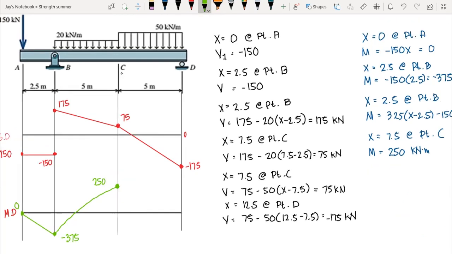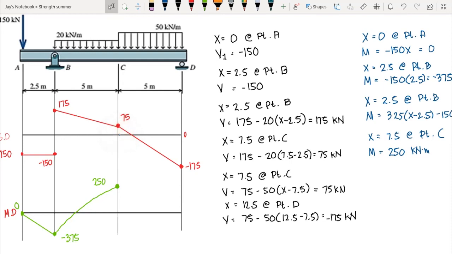Now, after 250 kilonewton meter, we will not go directly to point D, since take note, we still have positive internal shear at this point. So instead of going directly downward, referring to the negative shear, we still need to go upward since we have a positive internal shear.